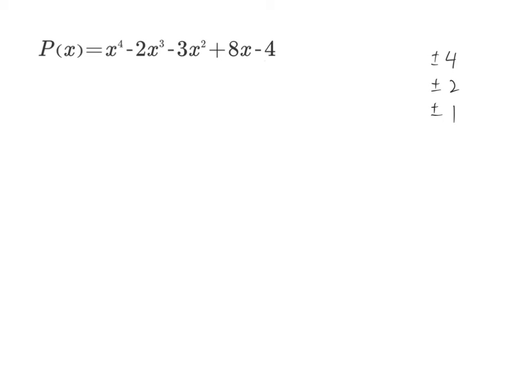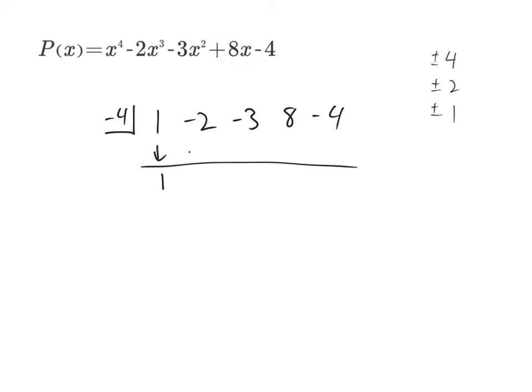Now let's try another one. Let's try negative 4. 1, negative 2, negative 3, 8, negative 4. We drop this one, that's 1. Negative 4, negative 6. Negative 4 times negative 6 is 24. That's going to be 21. 21 times negative 4 is negative 84. Negative 76.